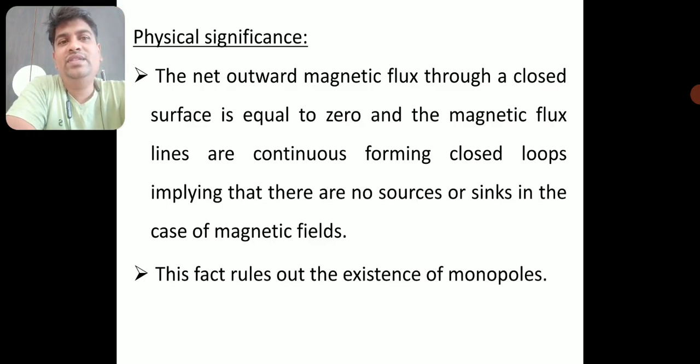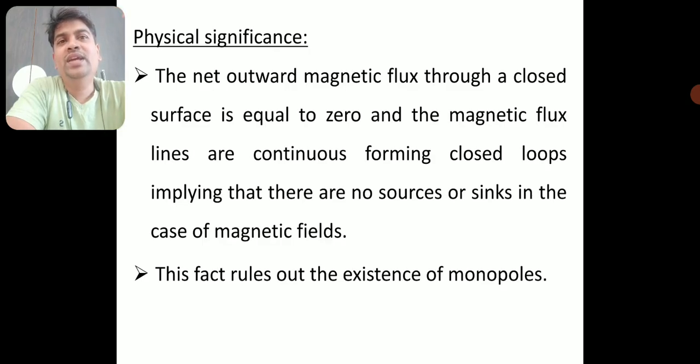But this fact also rules out the existence of monopoles. I can say that magnetic monopoles cannot exist because there is no source and no sink in the case of magnetic field. So it is evident that magnetic monopoles do not exist.